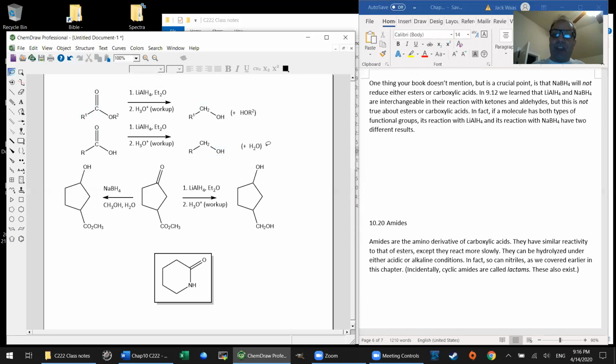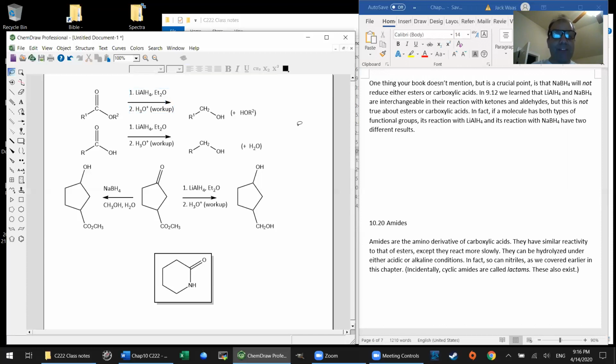Back in the previous chapter, you may recall, we said that for ketones and aldehydes, sodium borohydride and lithium aluminum hydride are interchangeable reagents. Either of them will reduce a ketone to a secondary alcohol or an aldehyde to a primary alcohol. That's not true for esters or carboxylic acids. Those two reagents are not interchangeable. Only LAH, only lithium aluminum hydride, will reduce an ester or carboxylic acid.